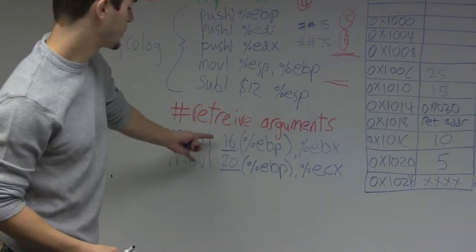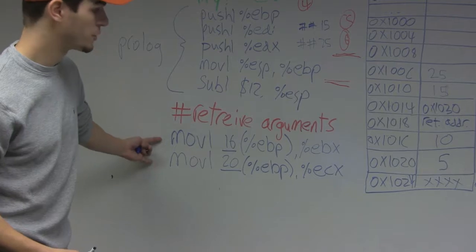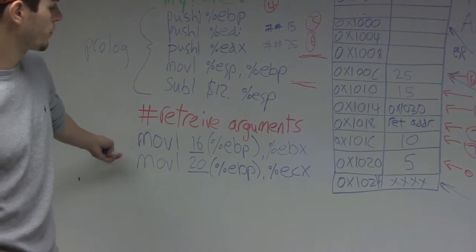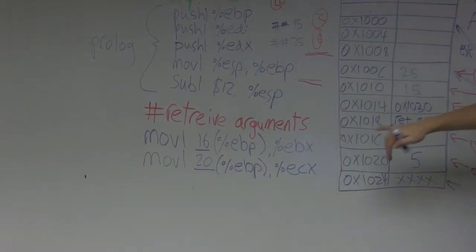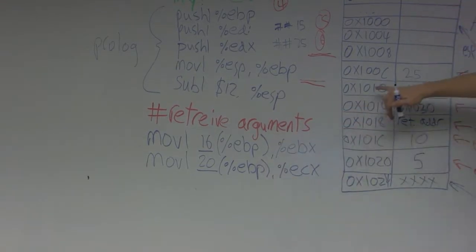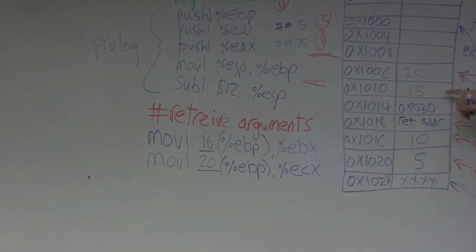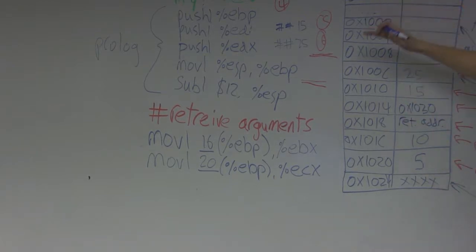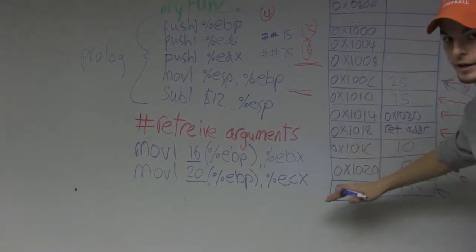So now, in implementing these two instructions, we've moved the value pointed to 16 bytes above the base pointer. So remember, the stack is oriented in an opposite manner. So by adding an offset, you're going down the stack.